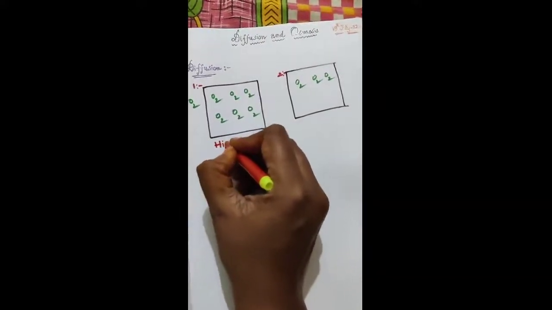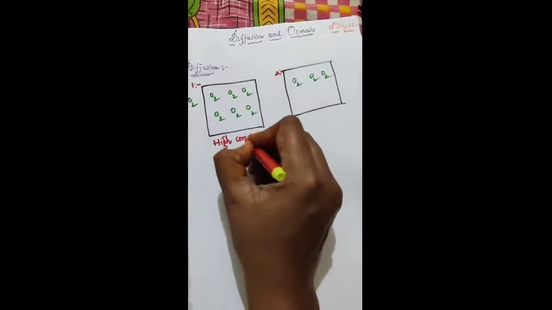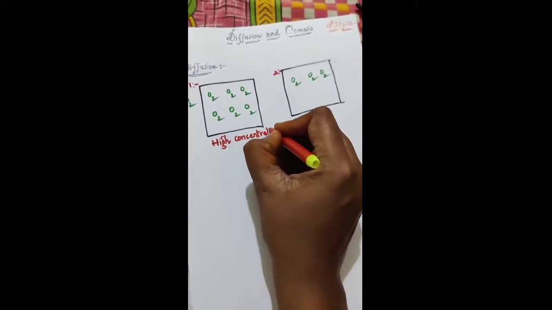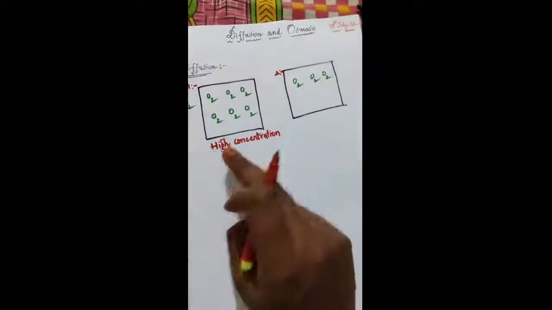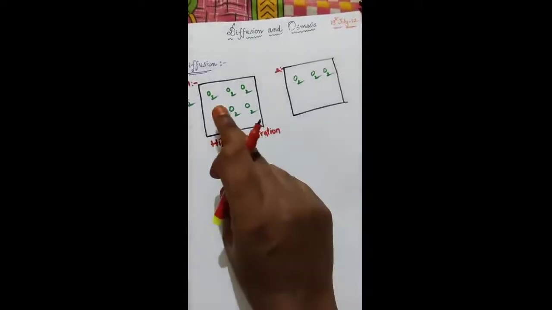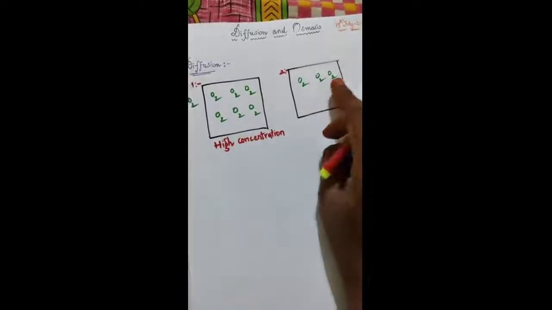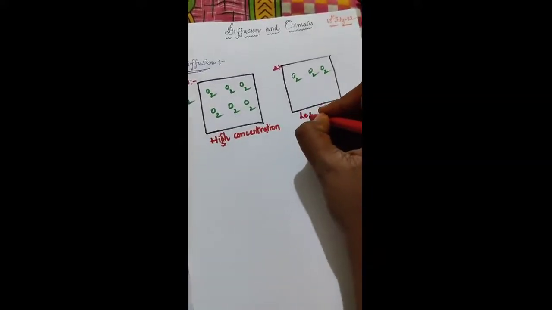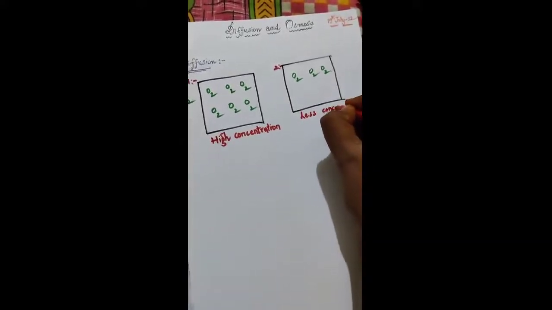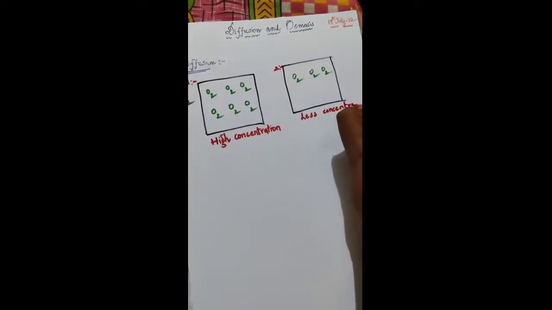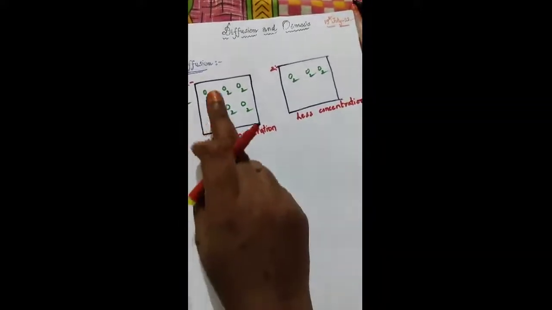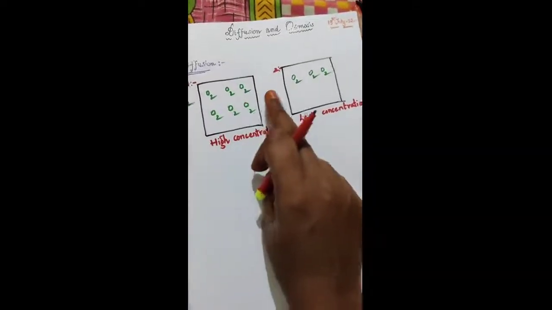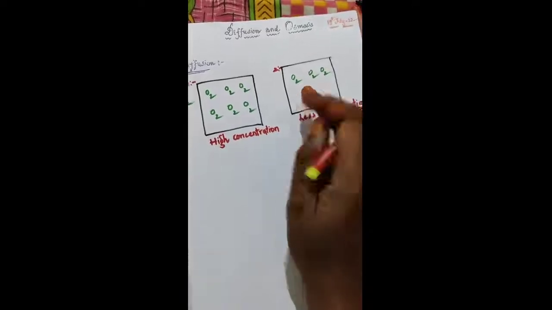This is called high concentration. We have already studied concentration and this terminology in 7th class, so please recollect that knowledge. Here in case 2 we have a much lesser concentration of oxygen molecules, isn't it? So what happens here is that the oxygen molecules at the higher concentration will move to the lower concentration.